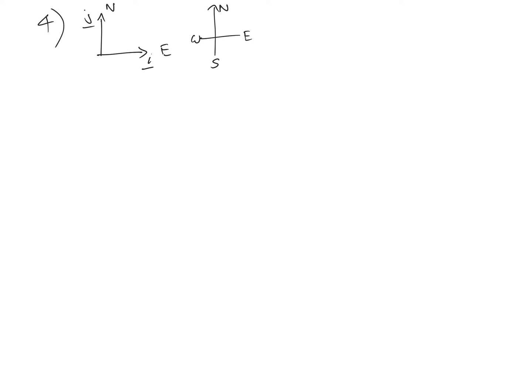Okay, and the velocity vector is given by (16 minus t squared) i plus (31 minus 8t) j. Find the time at which the particle is travelling on a bearing of 45 degrees. So it wants to be travelling in this direction.